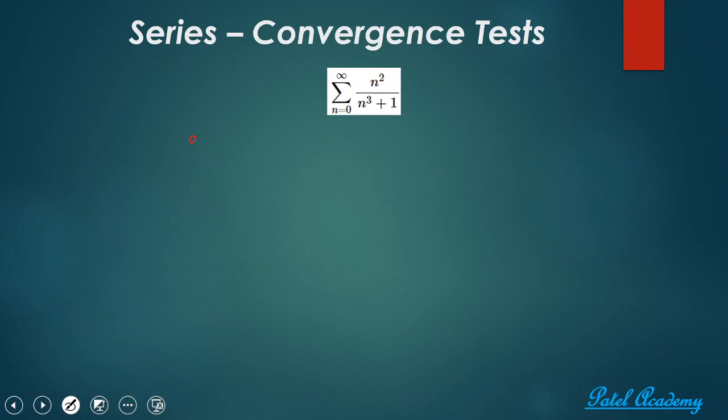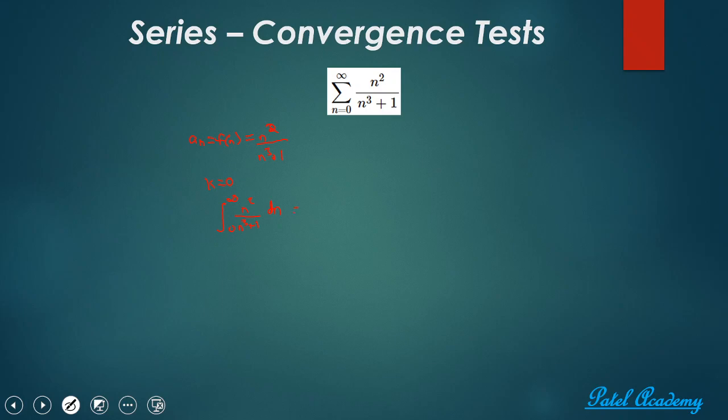And so, I'll define my a at n, or my f at n, to be n squared over n cubed plus 1. And I know that my k value here is 0 because it's n equals 0. So I'll take the integral from 0 to infinity of n squared over n cubed plus 1. In this case, everything is in terms of n, so I do dn.